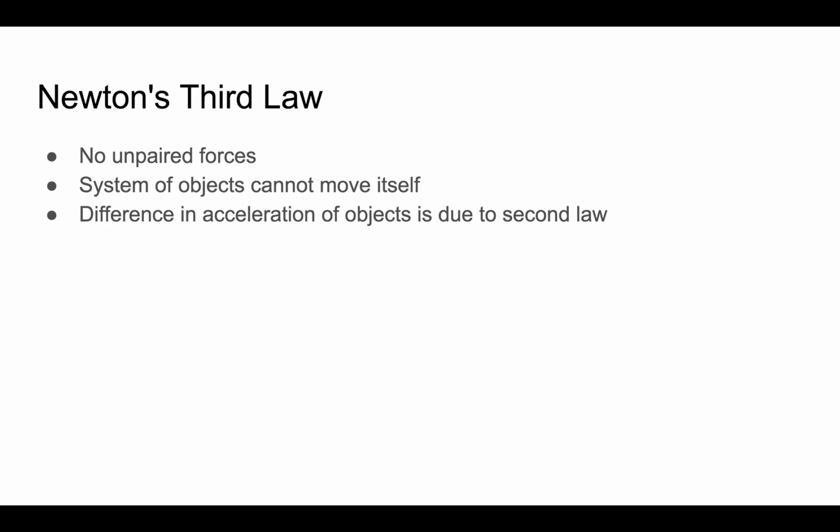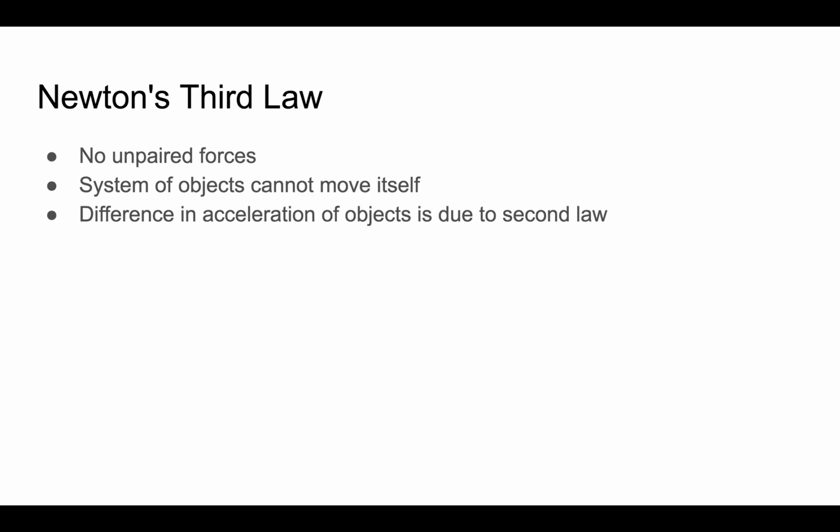And let's say we have two blocks. If one block somehow reaches out and pushes the other, and the other block doesn't push back, then that means that the system is all of a sudden going to start moving to whichever direction the first block was pushing in. And that is something we cannot have without the system acting on something external.